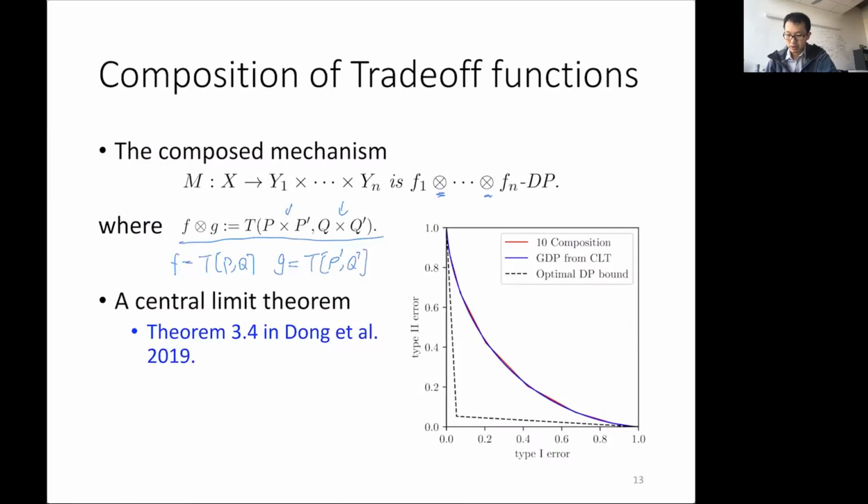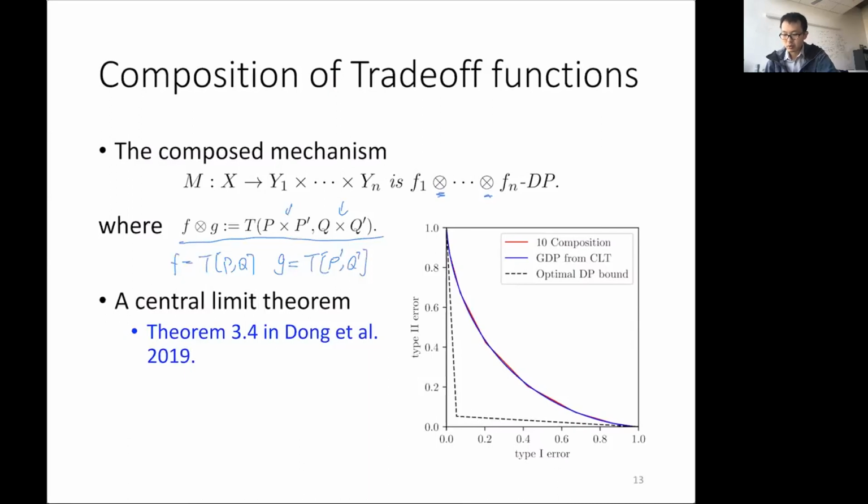The composed mechanism will satisfy an F differential privacy that looks very much like that of a single Gaussian mechanism. This is illustrated in this figure.